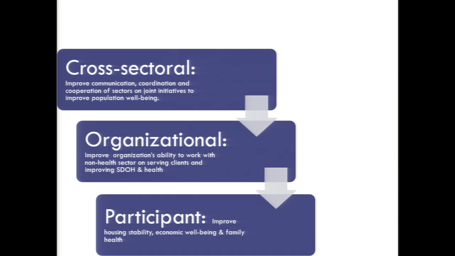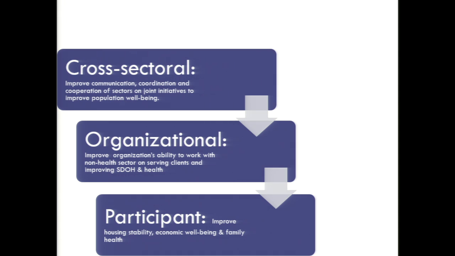So here we're focusing on integrating housing and health. Our organizational level activities are intended to improve the organization's ability to work with health and non-health sectors, so cross-sector, serving clients and improving the social determinants of health. And then the cross-sectoral level is improving communication, coordination, and partnership and cooperation of sectors on joint initiatives.